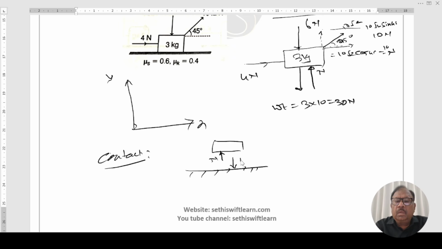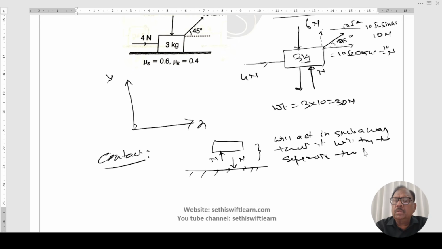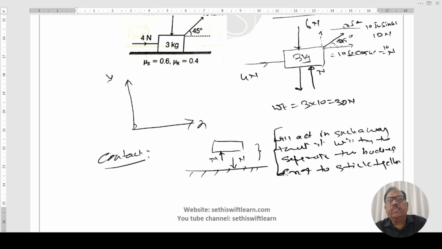This is normal. It will act in such a way that it will try to separate the bodies and not to stick together. I am repeating again and again so that this concept may be clear.